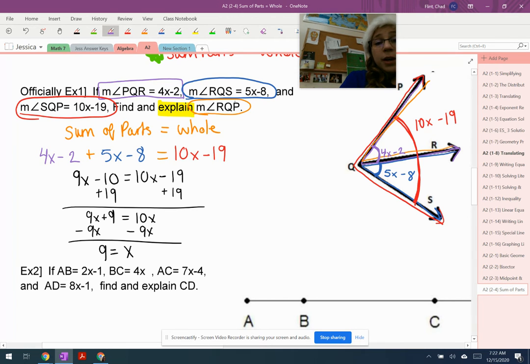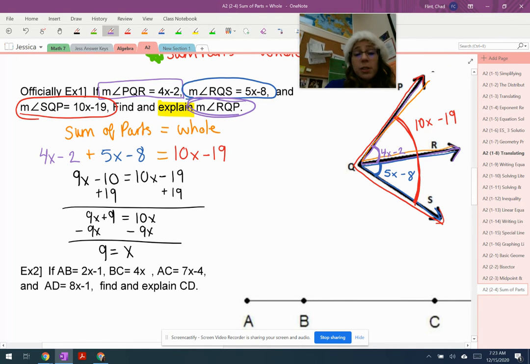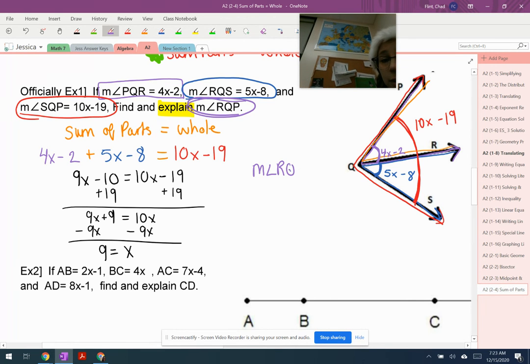It's just written backwards. They just have the letters backwards. So we're going to use that expression 4x minus 2 to find the measure of angle RQP.